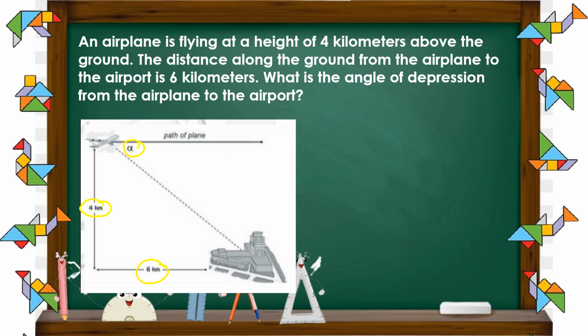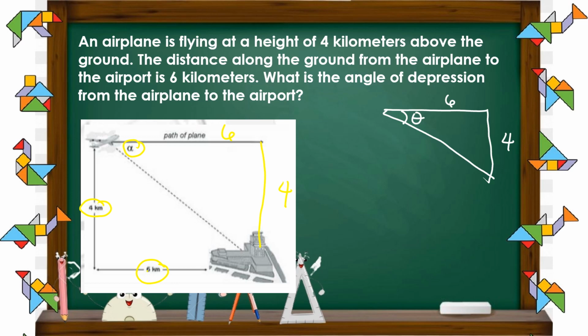So how are we going to find that? If this is 4 kilometers, we can also find that this is also 4. And this is 6 kilometers, this is also 6. So we can draw the triangle like this. This is the angle of depression, the unknown angle, and this is 6 and this is 4.